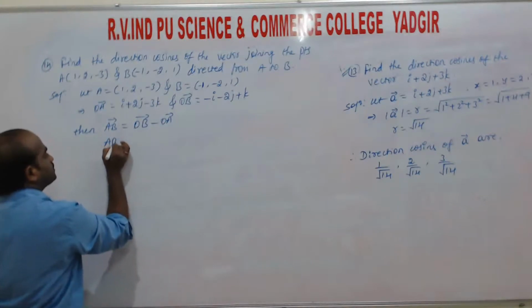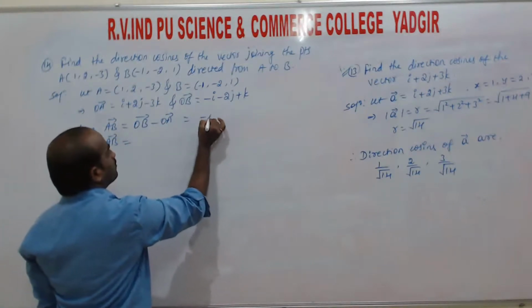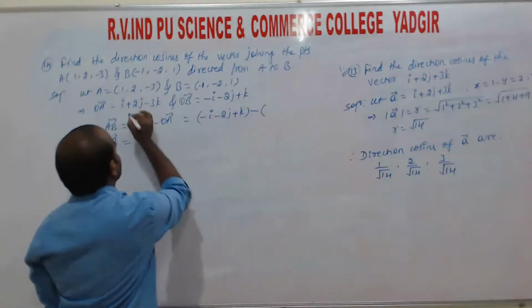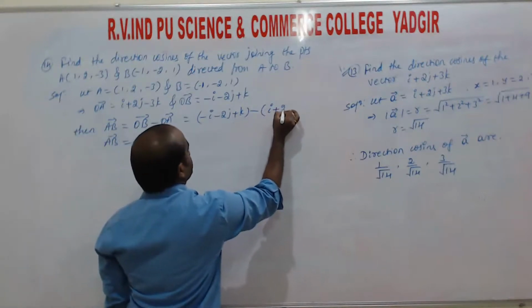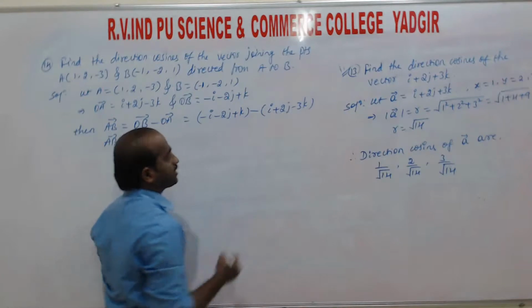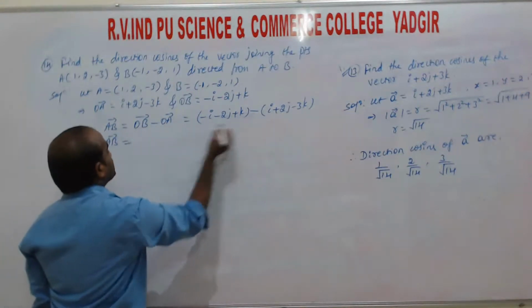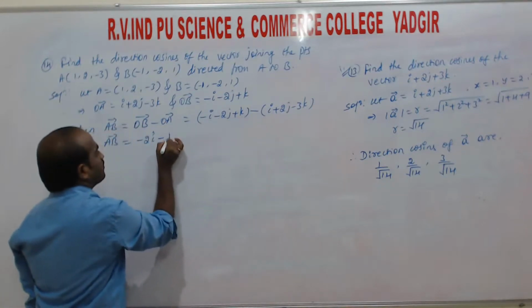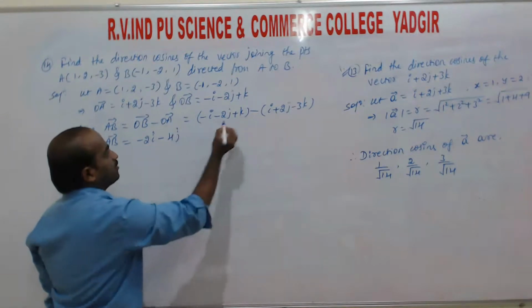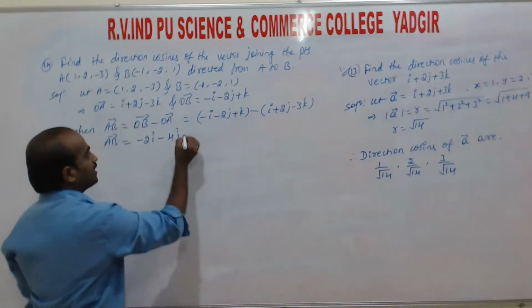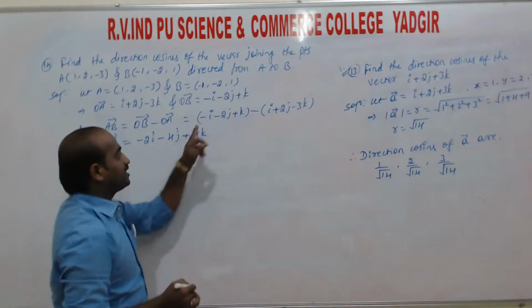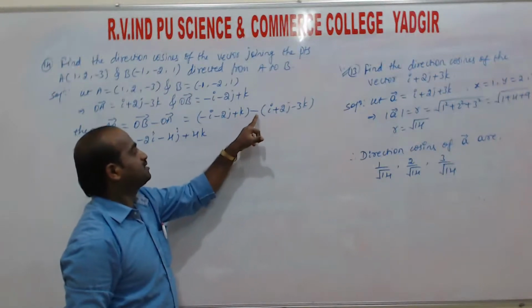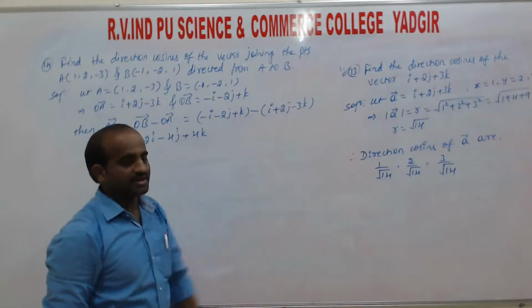That is minus i minus 2j plus k minus (i plus 2j minus 3k), which gives minus 2i minus 4j plus 4k.